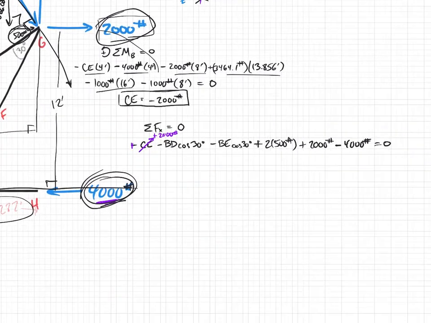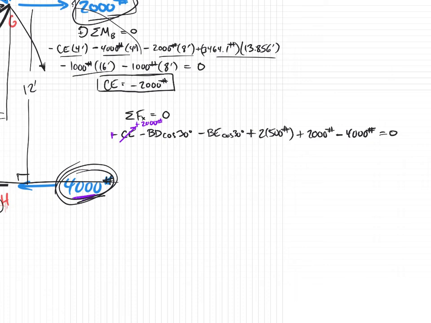Okay, so if we do some algebra on this, it's a little annoying, but we end up with BD plus BE equals 1154.7 pounds, which of course is the same equation 1 we got the last time we solved this. I mean, it's the same equation we got in the X direction, so it's kind of interesting how that works.